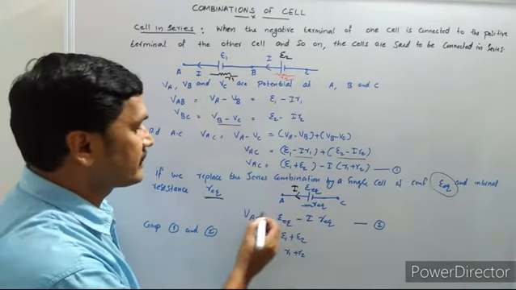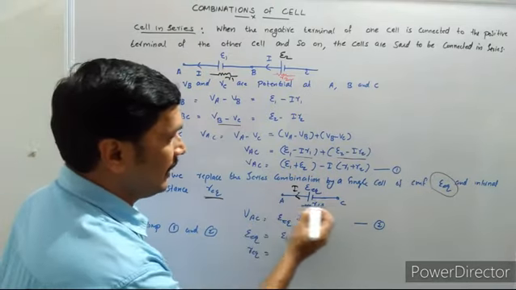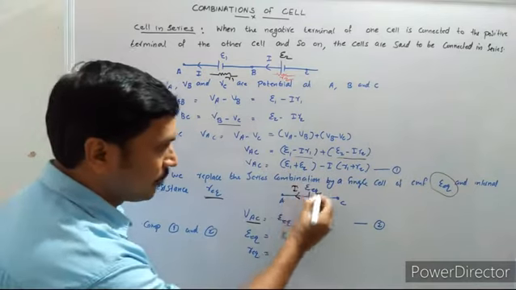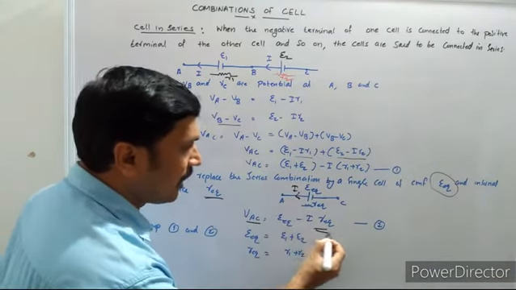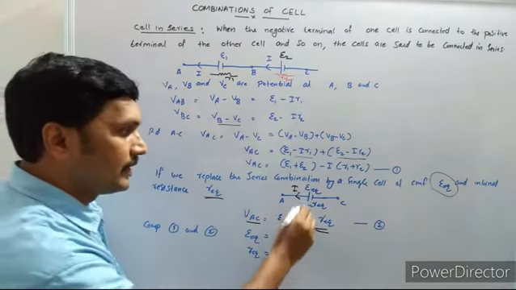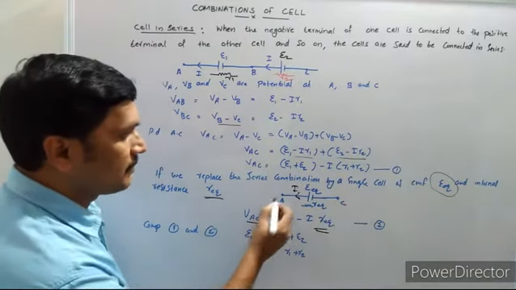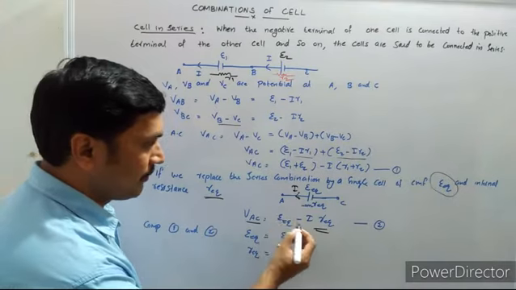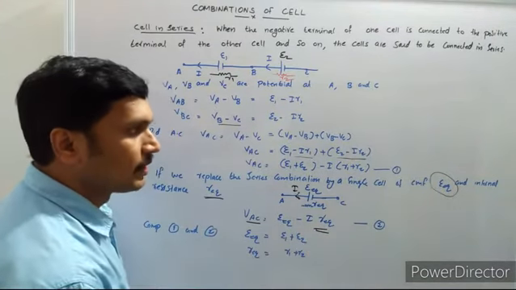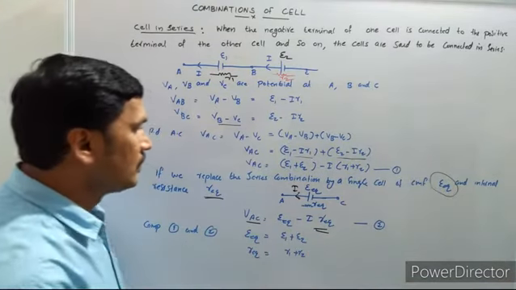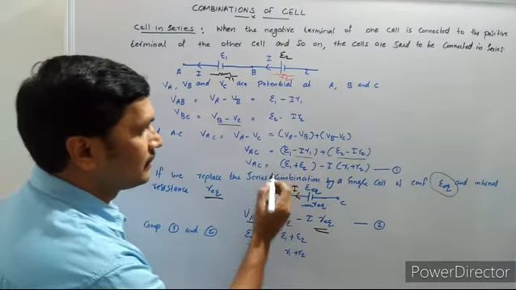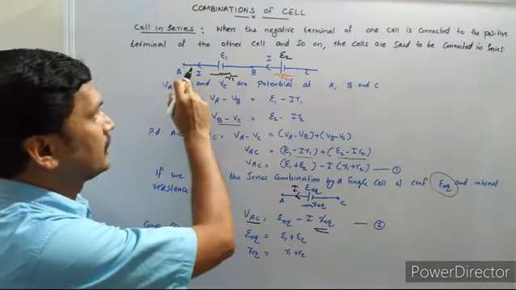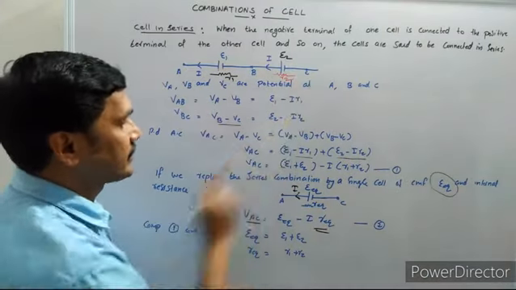So we can write the potential difference between A and C as VAC equal to E equivalent minus I into R equivalent. Call this equation 2. Both equations 1 and 2 are expressions for the potential difference between the two points A and C.